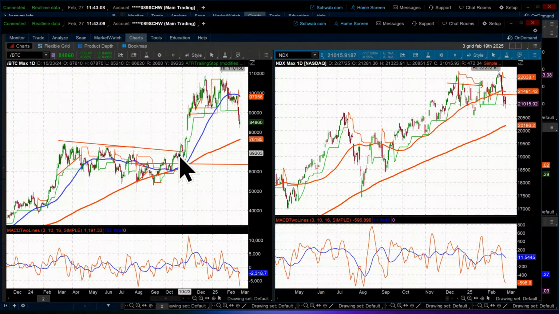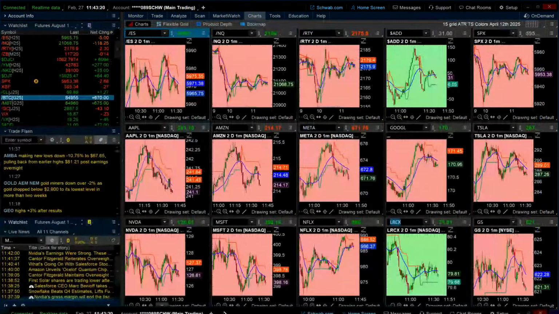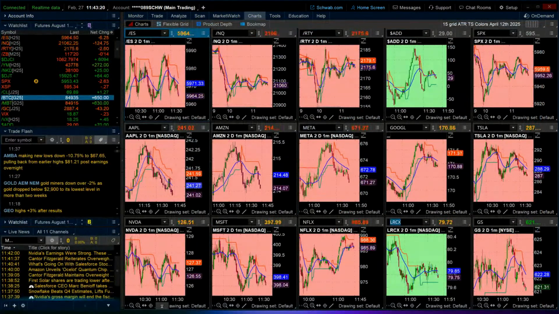Keep in mind that this is the November gap right there. If it fills that, a lot of people are worried about the S&P filling that. So just keep that in the back of your mind. That's a big deal in my opinion.